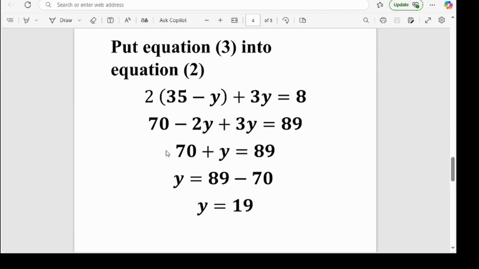So multiplying 2 against 35 minus y, we are going to get 70 minus 2y, because 2 times 35 is 70. 2 multiplying minus y is minus 2y, right? So plus 3y equals 89. Therefore we are going to get 70 minus 2y plus 3y is equal to 89. So we are going to get 70 plus y equals 89.